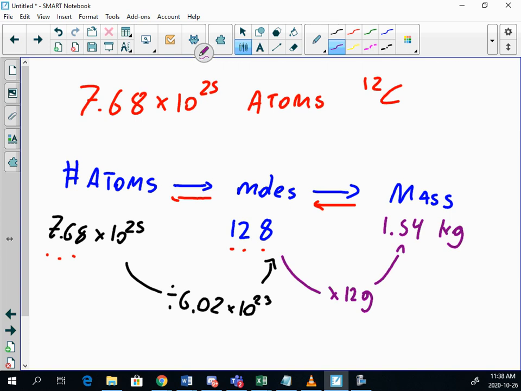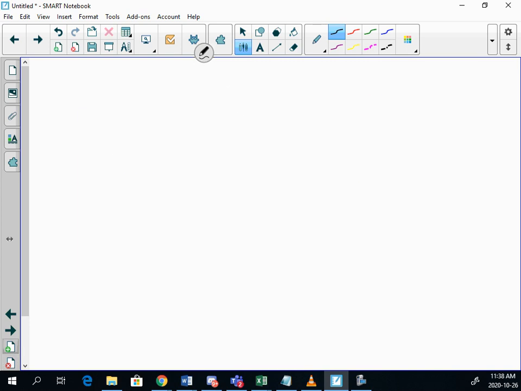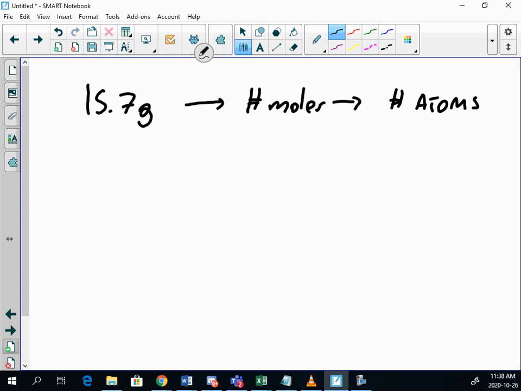So, doing the other ones super quick here. For example, if I'm looking at 15.7 grams of carbon-12, I'm going to convert that into a number of moles, and I'm going to convert that into a number of atoms. How am I going to do that? Well, first of all, I'm going to divide by 12.